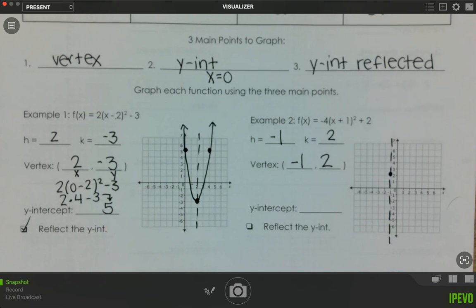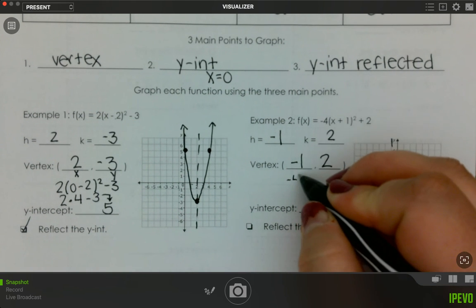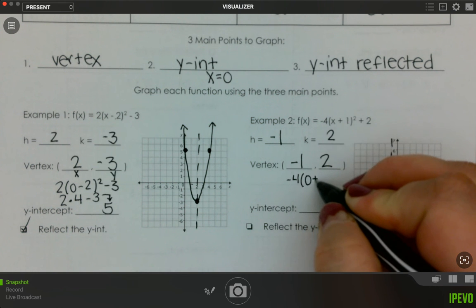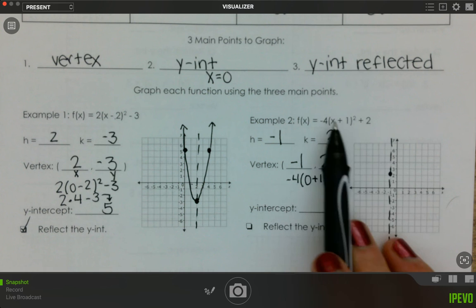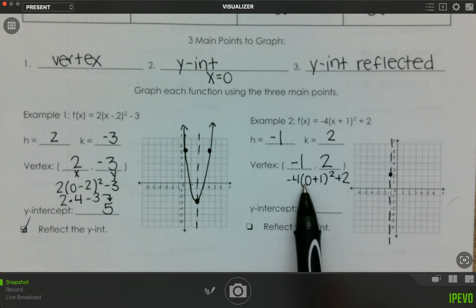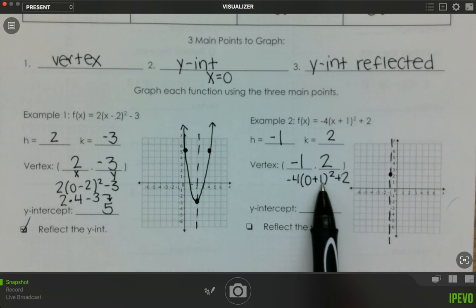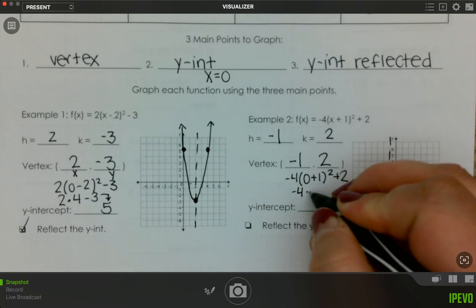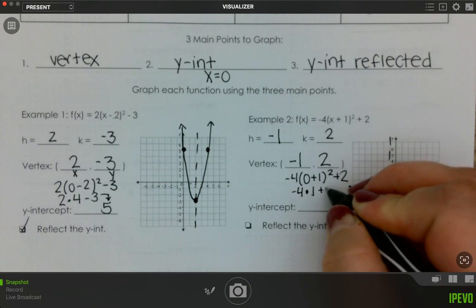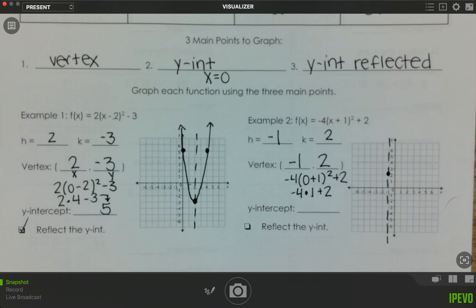And plug in 0 for x to find your y-intercept. So I'm just rewriting this, but instead of x, I'm changing it to 0. 0 plus 1 is 1, and 1 squared is 1. So I have -4 times 1 plus 2.